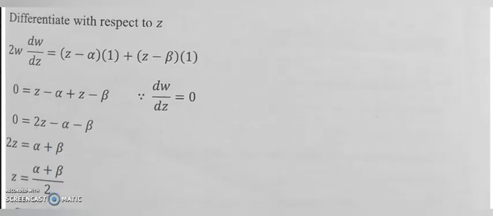So from this dW by dZ is equal to 0 means you can make LHS as 0. So you get this. Now from this, 2Z minus alpha minus beta, 2Z is equal to alpha plus beta. From this we get Z. This alpha plus beta by 2 is the critical point.